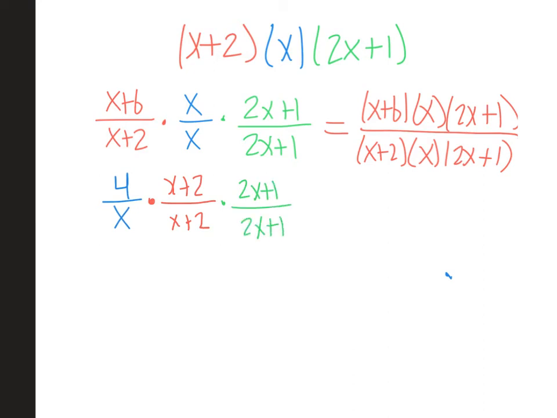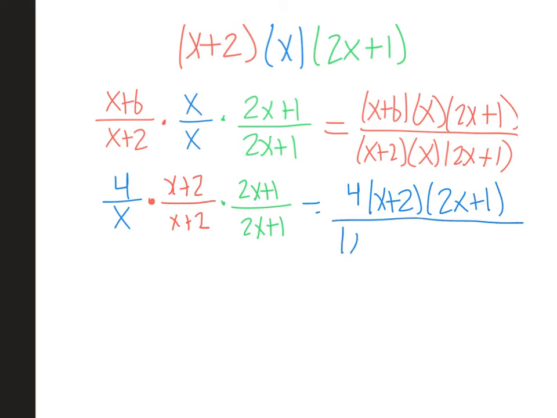Again, we multiply both the top and the bottom. So what we're going to end up with is 4 times x plus 2 times 2x plus 1 over that common denominator that we've been seeking, x plus 2, x, and 2x plus 1.